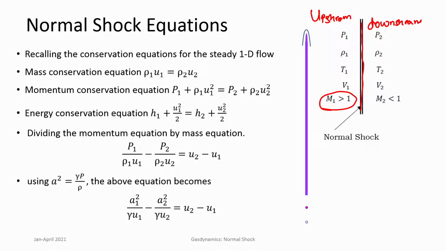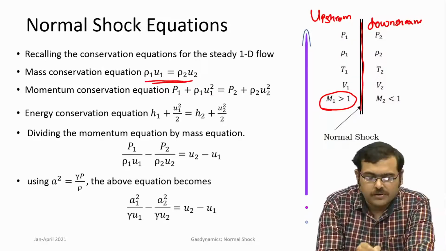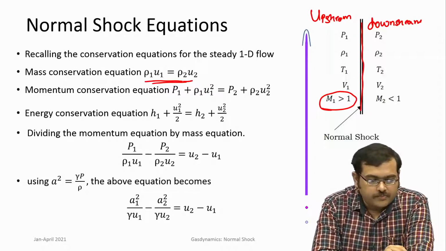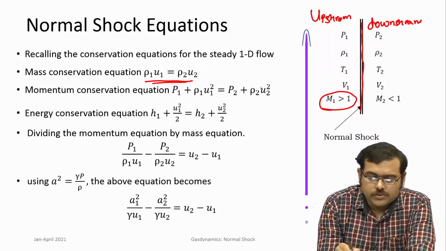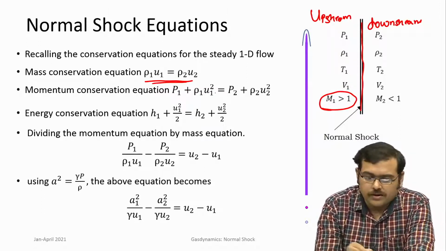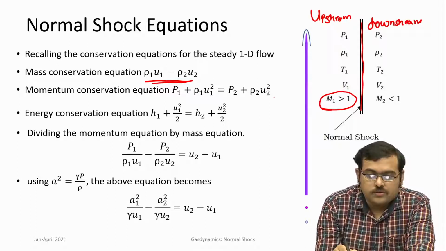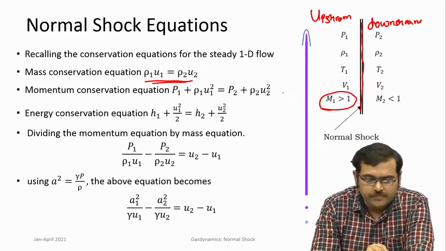So the basic equations that you have to apply here are the one dimensional conservation equations. This we have already discussed. Mass conservation: rho 1 u1 equals rho 2 u2. Then momentum conservation in one dimension: p plus rho u square is constant, so p1 plus rho 1 u1 square equals p2 plus rho 2 u2 square.